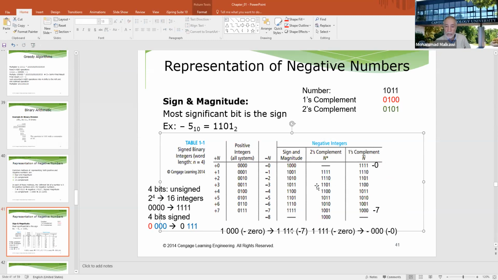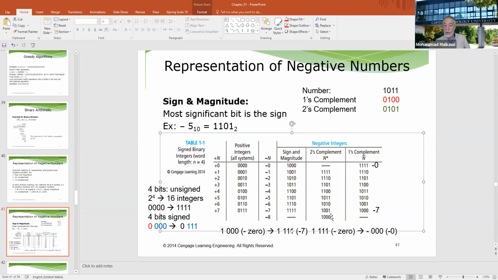Note the 2's complement. Interesting, 2's complement does not have the -0. It starts from here, which is the -1, all the way to -8, because this 1, 0, 0, 0, if you convert it, you invert and then add 1 to it, it becomes 0, 0, 0, 1.